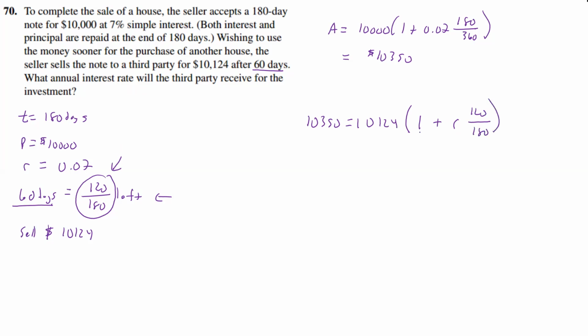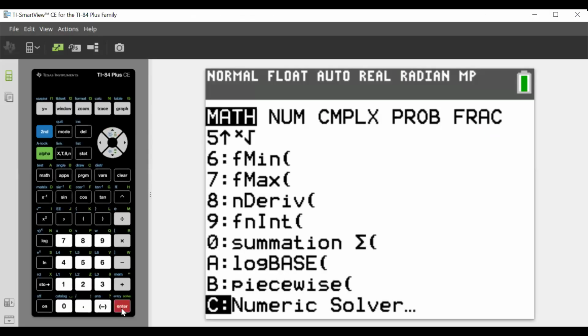Now we can divide by this, subtract our 1, and divide by the 120 over that, or we can just plug that into the numeric solver on our calculator, which is what I'm going to do. So we'll do math, numeric solver.